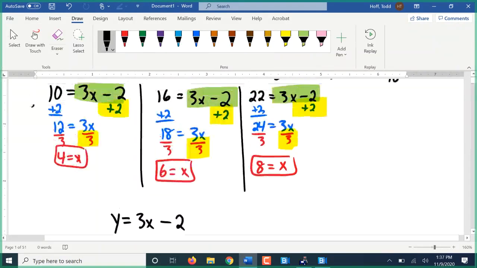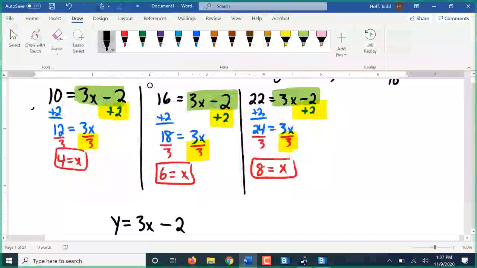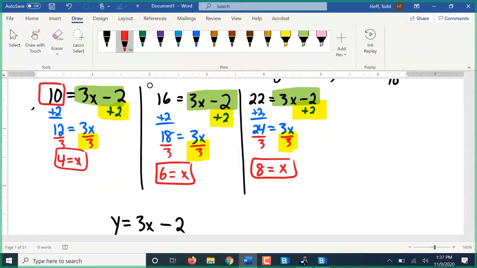Each one of these pieces up here, let's take this first one. You can think of it as saying that I took y equals 10 and found that x equals 4. Well, we don't want to have to write that out like that every time, so we use an abbreviation.